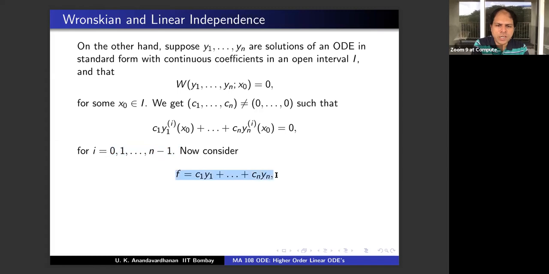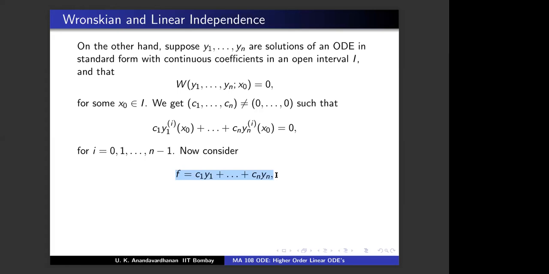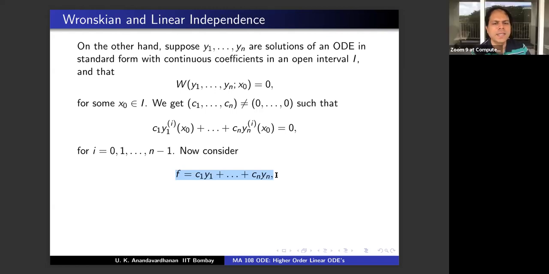So this given function f is a solution to the IVP that you have constructed in your mind. I have not written it down. And the constant function 0 is also obviously a solution of the same IVP. But an IVP cannot have two solutions. Therefore, f has to be identically 0.